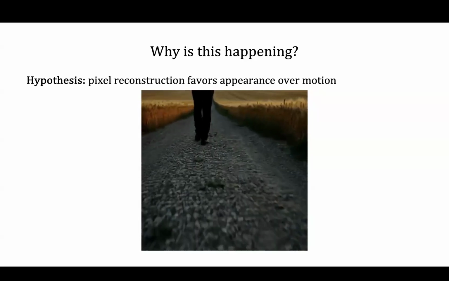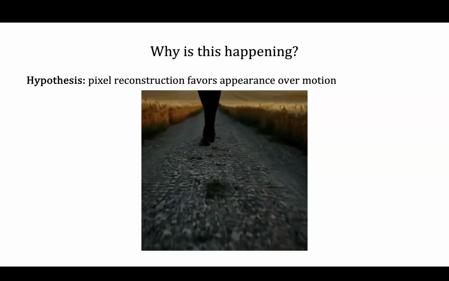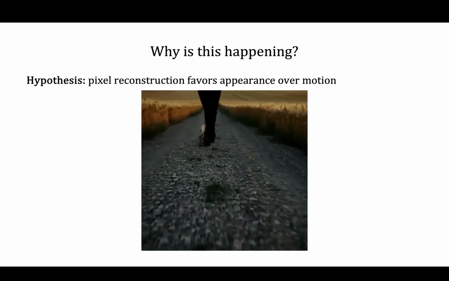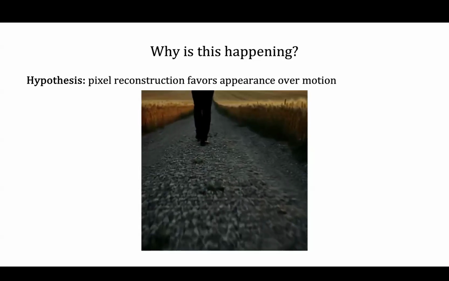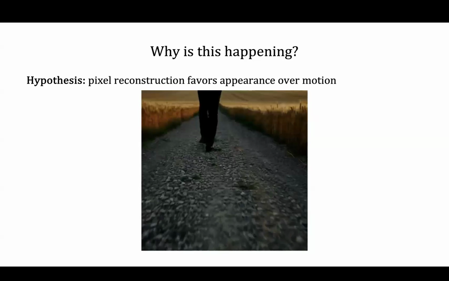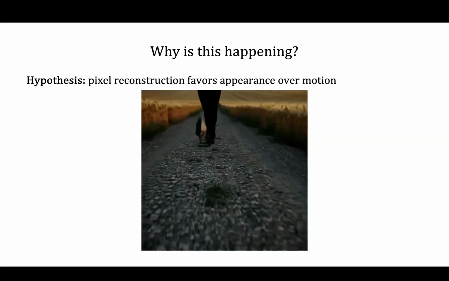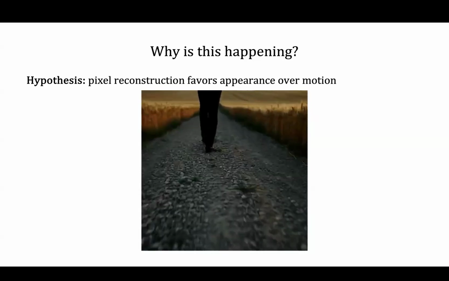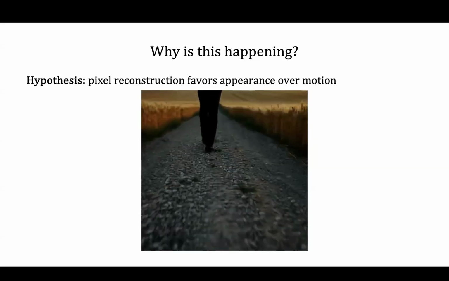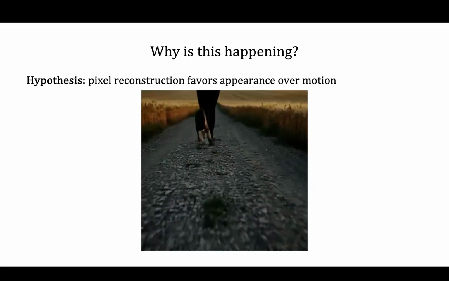Now think about this man who's switching legs in the middle of the video, okay? When we talk about reconstruction-wise, when the legs switch, almost nothing changes in terms of RGB pixels. So of course, the model does not know to distinguish between a coherent motion and incoherent motion. It's because its loss does not encourage temporal information to be learned.